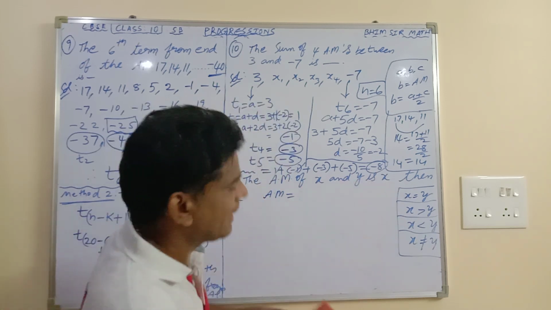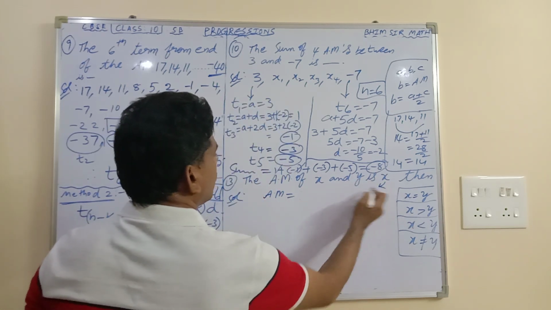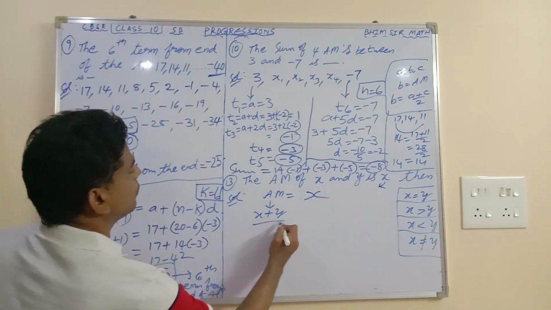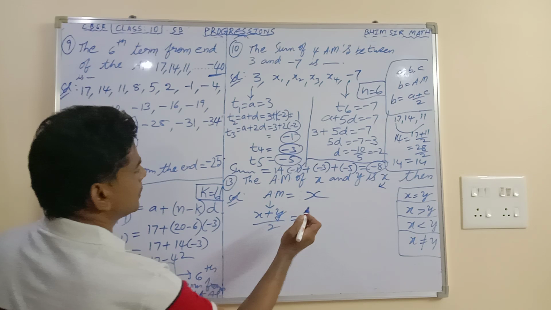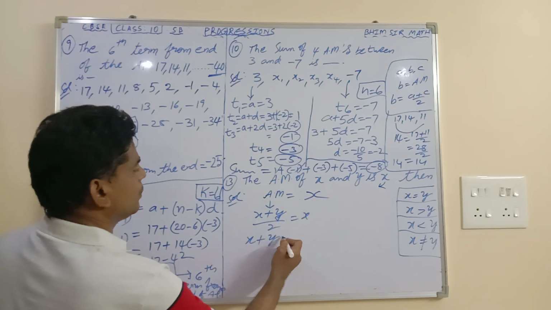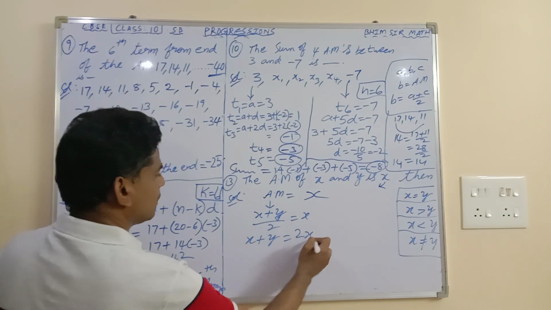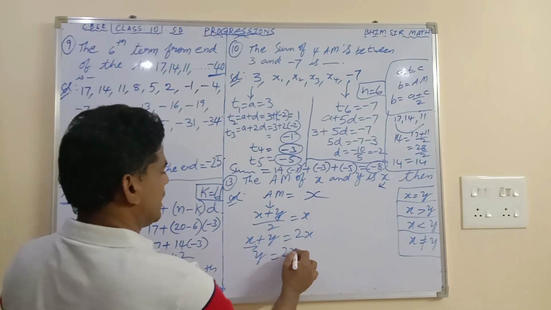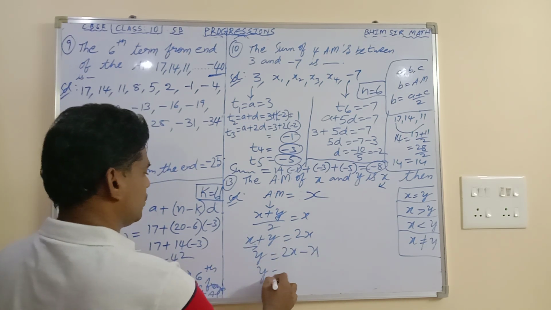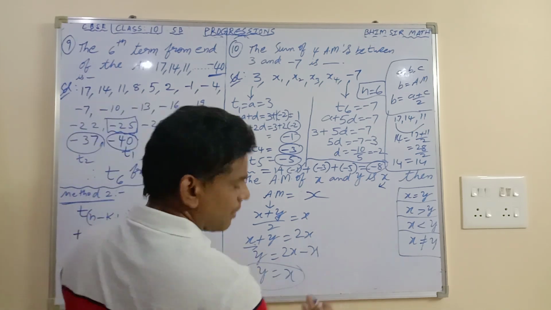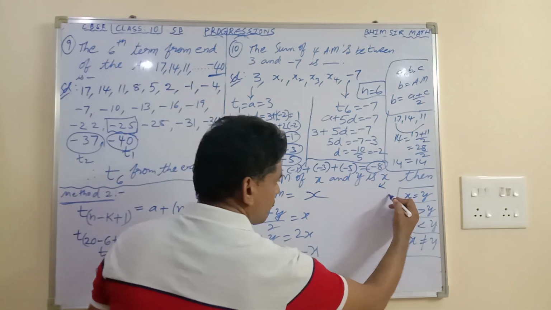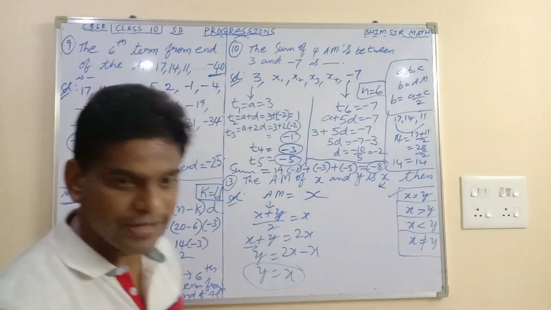Here x is given. So x plus y by 2 equals x, so x plus y equals 2x. Sending this x to that side, y equals 2x minus x, so y equals x. Answer is y is equal to x or x is equal to y, both are same. First option. Did you understand?